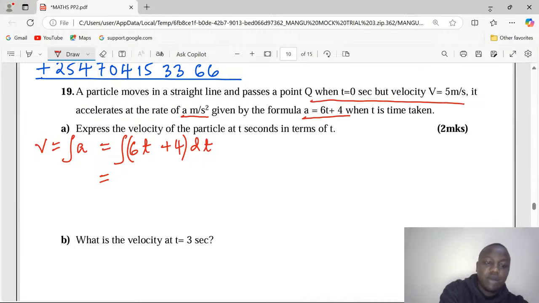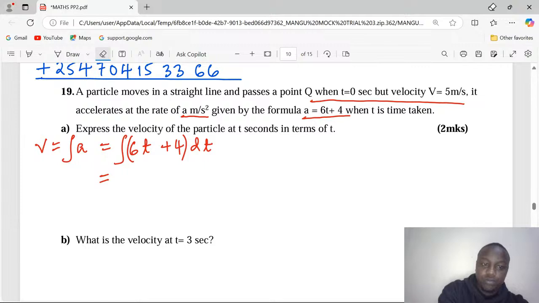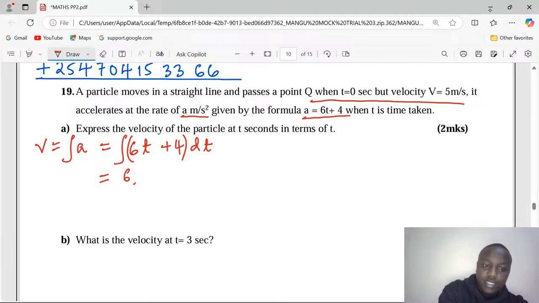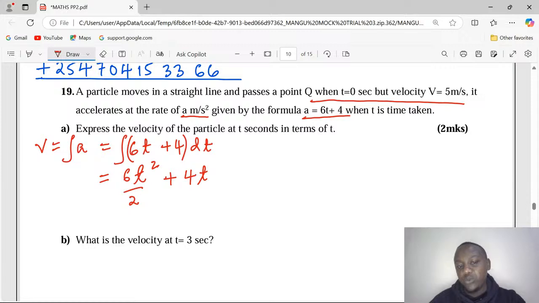So instead of 6, we divide it by 2 so that we get 6t squared over 2. Then we add 4t, since t is introduced. The power is 1, so when you divide by 1, the effect is just the same. Plus c. That is the integration.